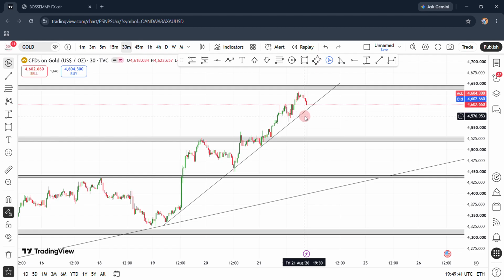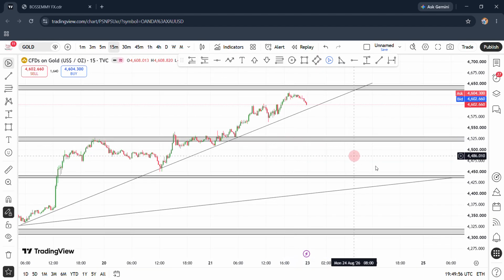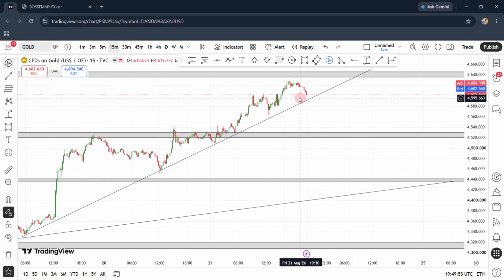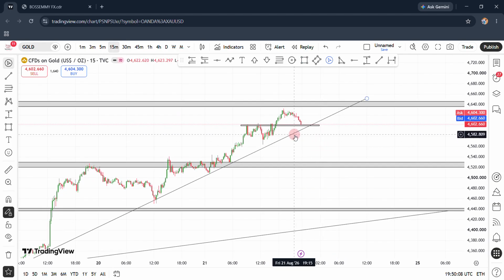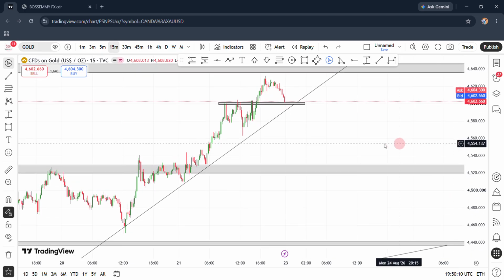What is going to give us more confirmation that price is trying to pull down to this point, or price is coming back to this point for us to take more buys, is if price currently breaks out from this trend line. On this time frame you can see a minor support level, but on gold it's not really a minor support level.